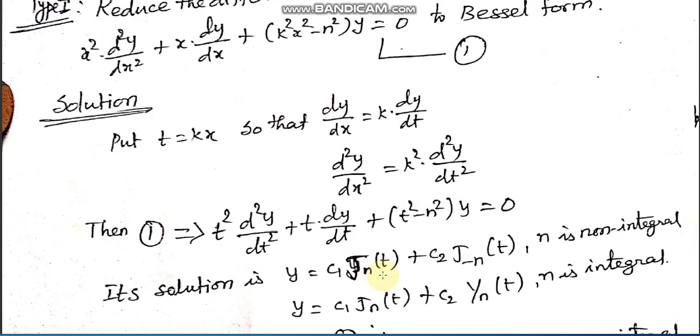Its solution is in this form. When n is non-integral, the solution will take this form, and when n is integral, then the solution will take this form: c1 jn of t plus c2 yn of t.